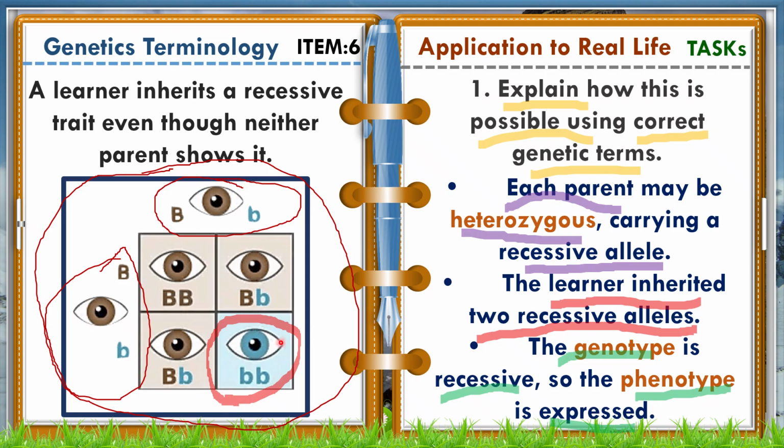If the 2 recessive alleles are present, that is when the recessive trait will express itself, like the way we are seeing here. So that's why we are saying that the genotype is recessive, having small b recessive. So the phenotype is expressed as a recessive trait because of the presence of both recessive alleles. That's why the recessive trait is expressed.